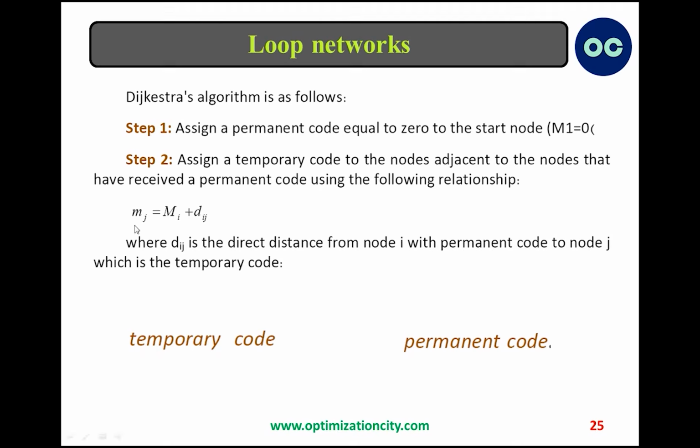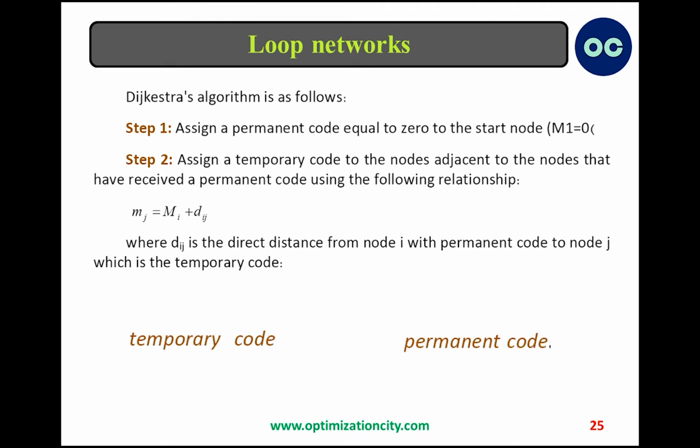Temporary code of node j, m sub j, is equal to the minimum of the permanent code of node i plus d sub ij. Here, d sub ij represents the direct distance from node i with the permanent code to the adjacent node j with the temporary code. If a node already has a temporary code, it is compared with the new temporary code and the smaller value is chosen.